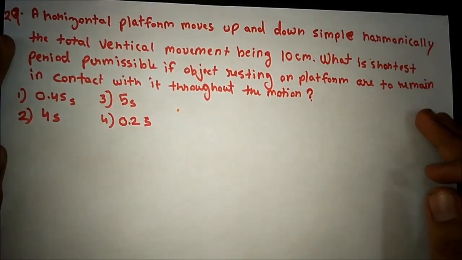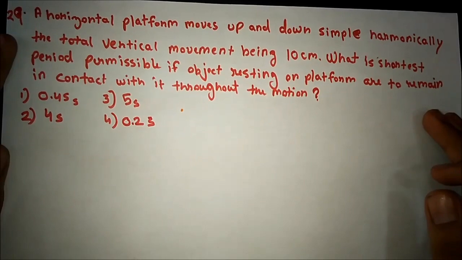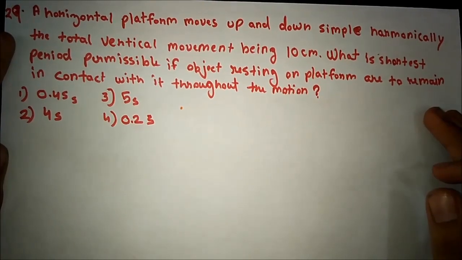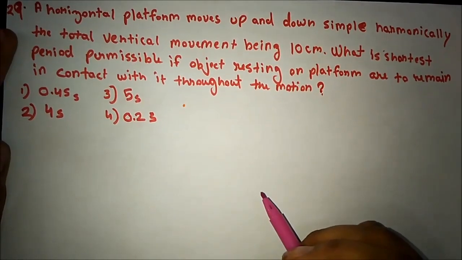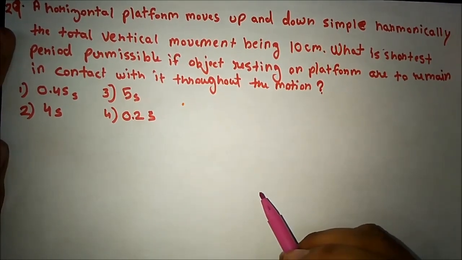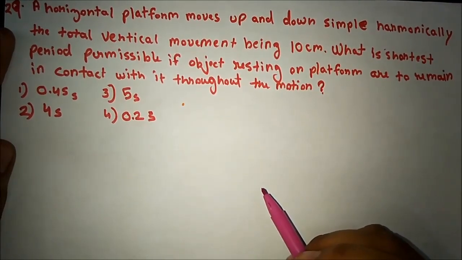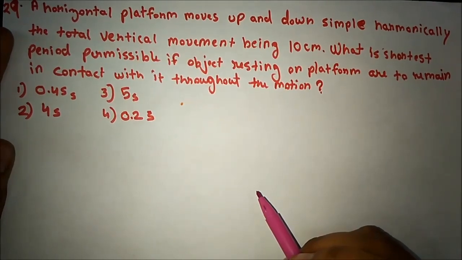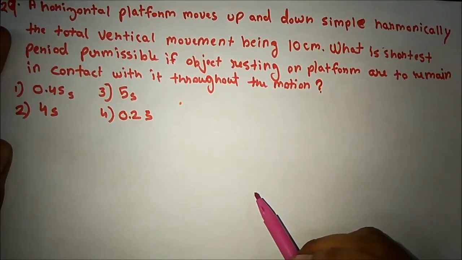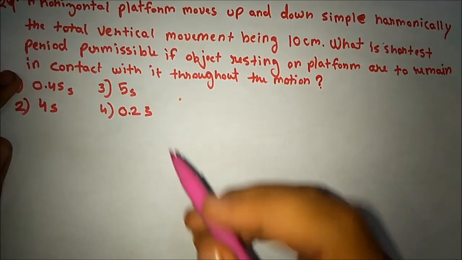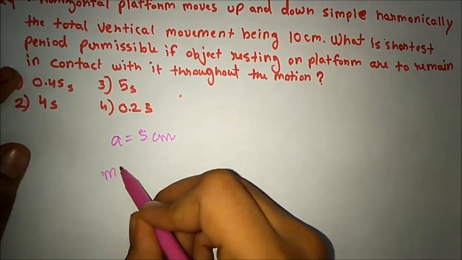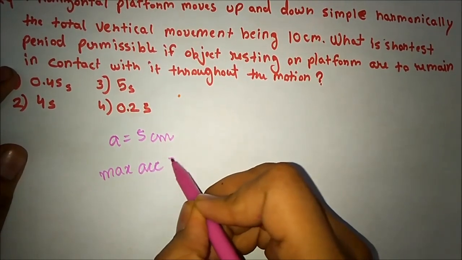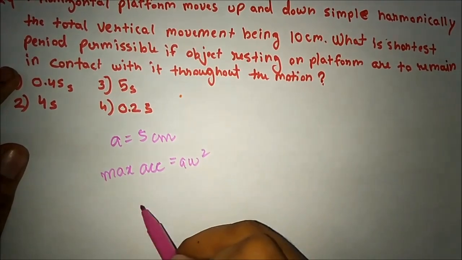Question 29. A horizontal platform moves up and down simple harmonically, the total vertical movement being 10 centimeter. What is the shortest period permissible if the objects resting on the platform are to remain in contact with it throughout the motion? Now to solve this question, we know A is equal to 5 centimeter and maximum acceleration is equal to a omega square.